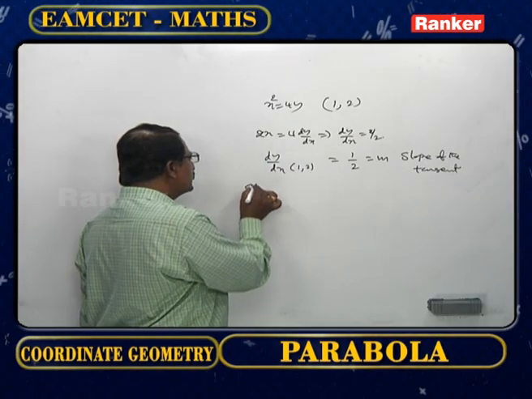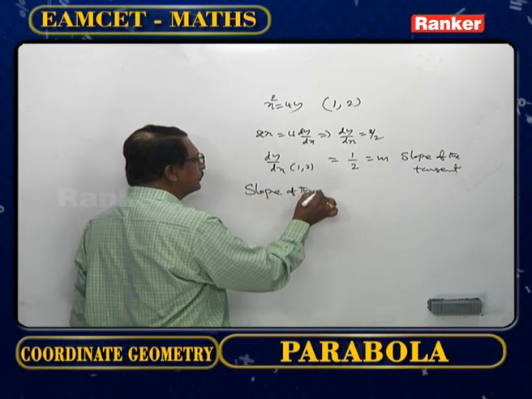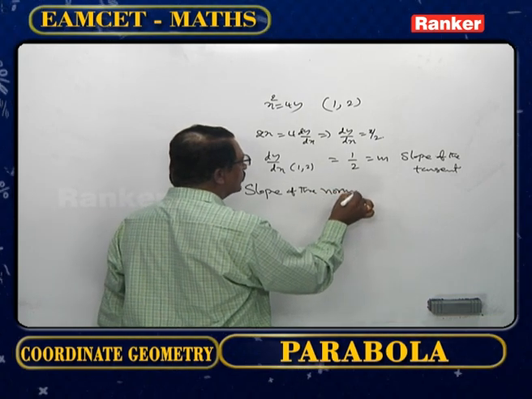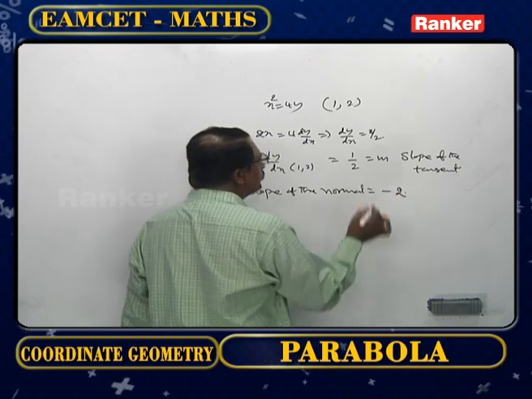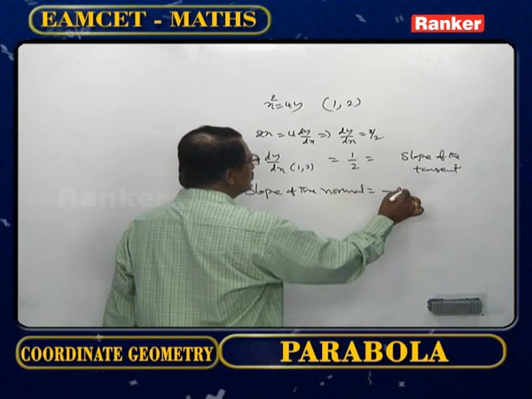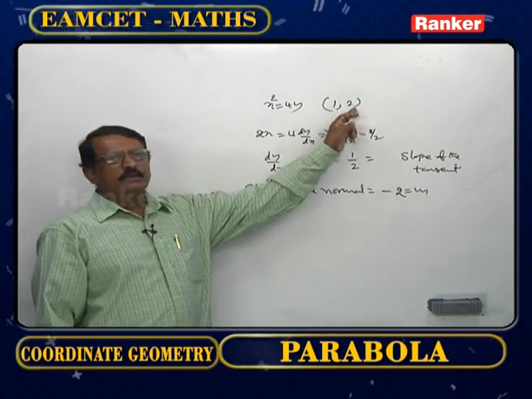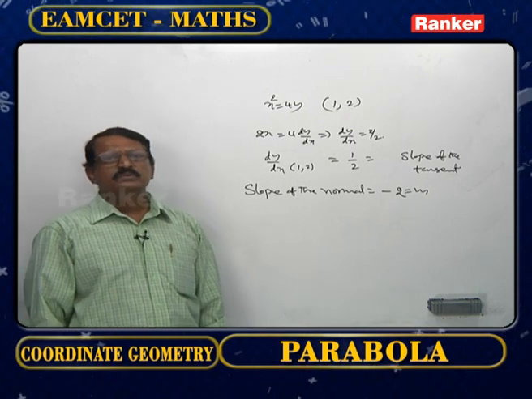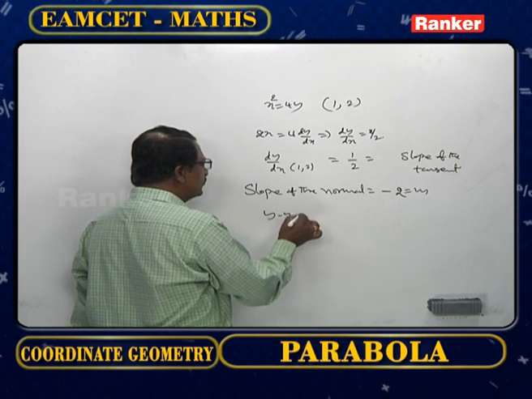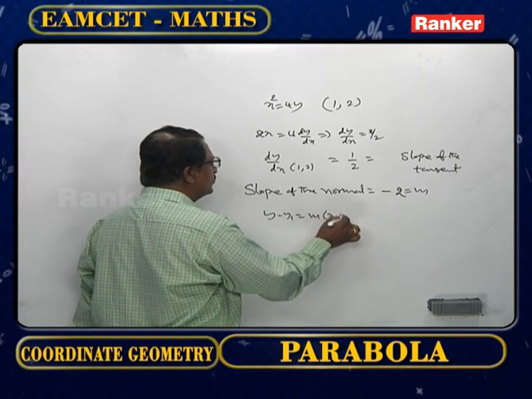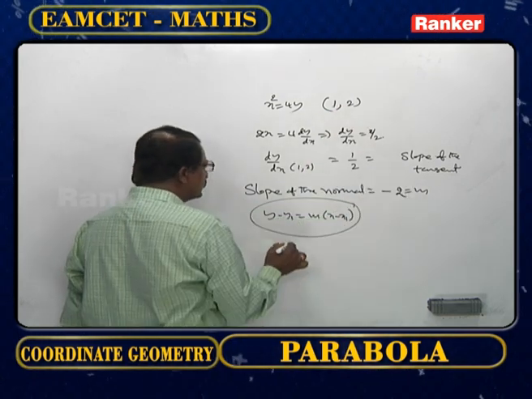Now the slope of the normal equals minus 1 by the slope of the tangent, which equals minus 2. Now it is considered m. The slope of the normal equals minus 2, and the normal passes through the point 1 comma 2. Now, by the slope point form of the straight line, y minus y1 equals m into x minus x1, with the point x1 y1 being 1 comma 2 and m equal to minus 2.